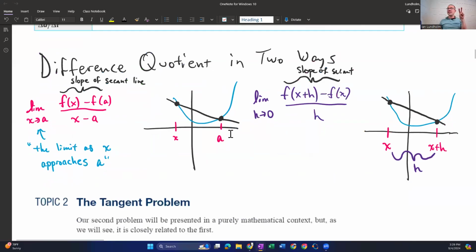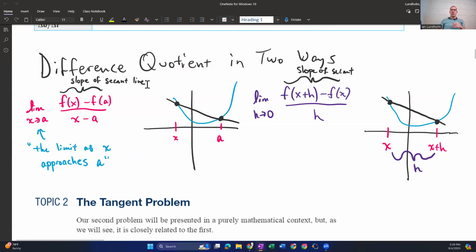There are 2 ways that you're gonna see this difference quotient written in our textbook. In one of them, we're gonna label the 2 x values, one x value as just the letter x, and the other x value as the letter a.